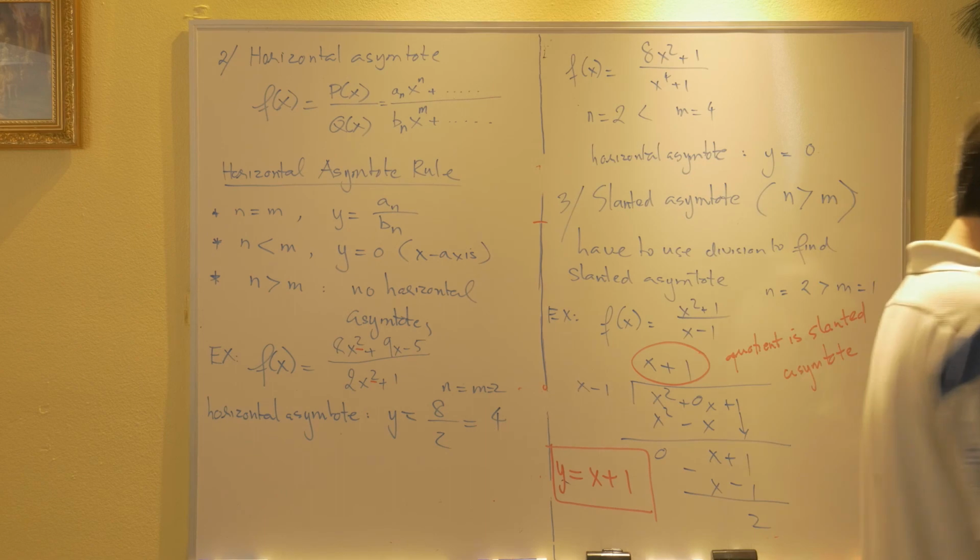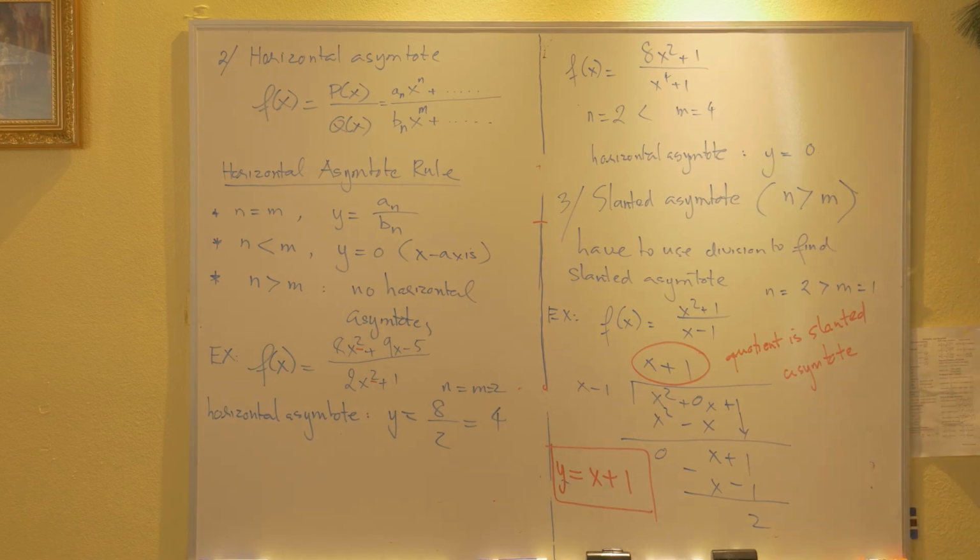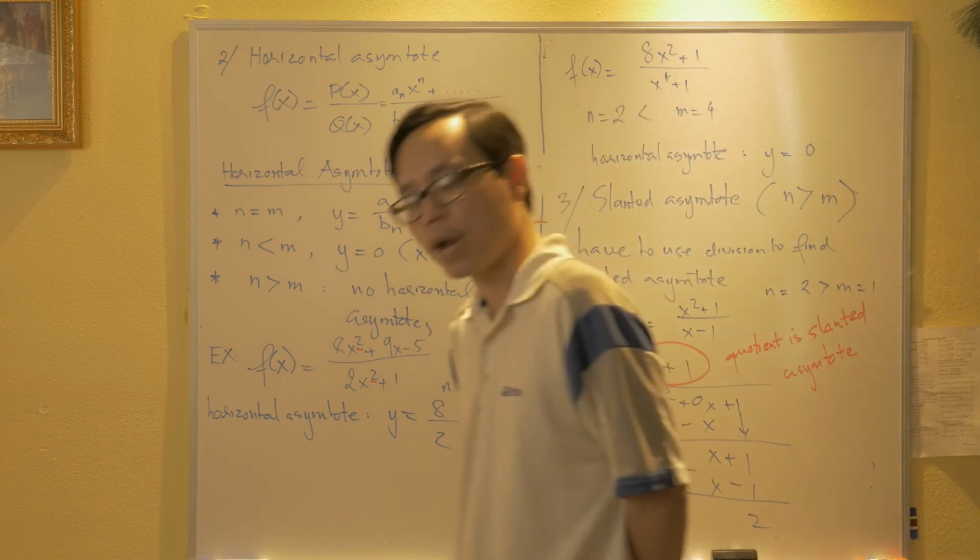Okay. So to continue with this lecture, I want to go through an example, and in this example, I want to find the domain and range, because the asymptotes will help you to find the domain and range.